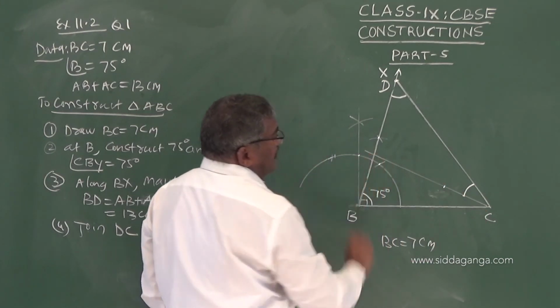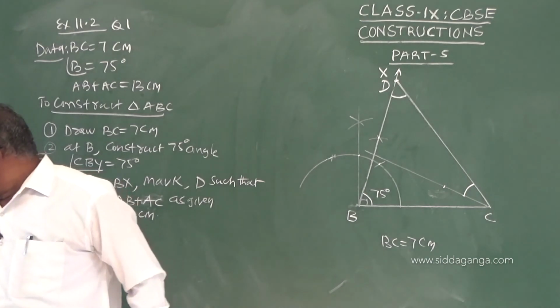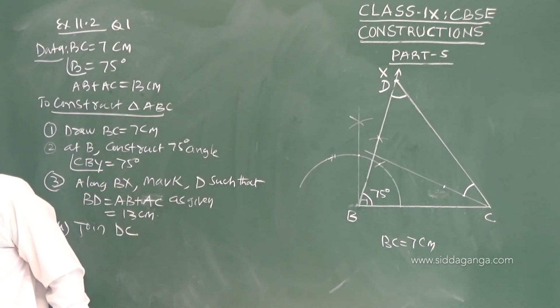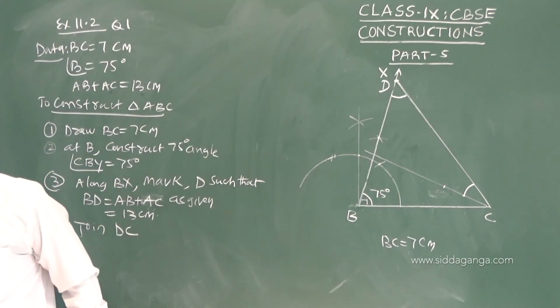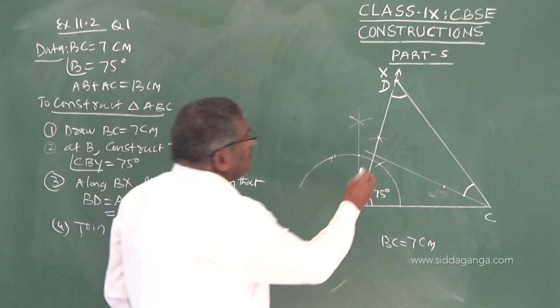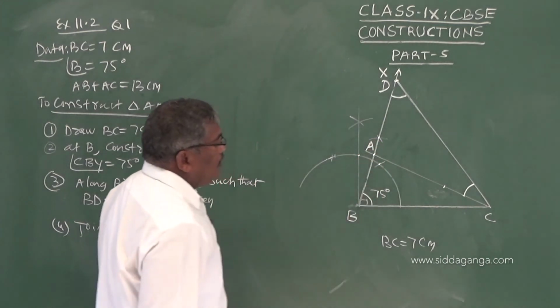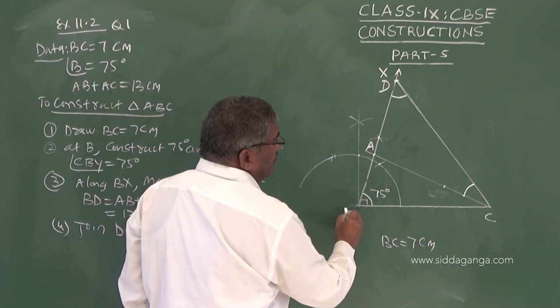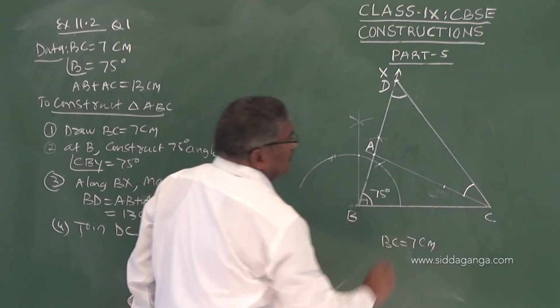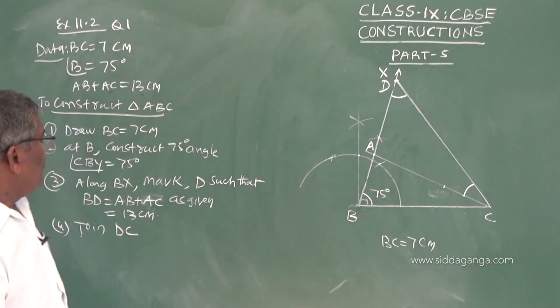That line will meet BD at A. So this is A. Now we got AB, BC, AC. We got the required triangle.